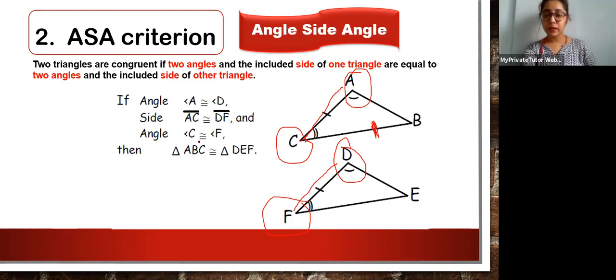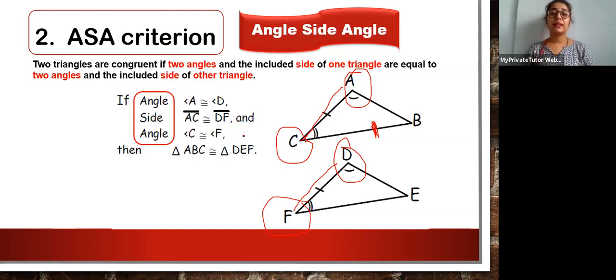So by ASA criterion, we can prove that both of these triangles are congruent. Angle A is congruent to angle D, side AC is congruent to DF, and angle C is congruent to angle F. Then triangle ABC is congruent to triangle DEF by ASA criterion.